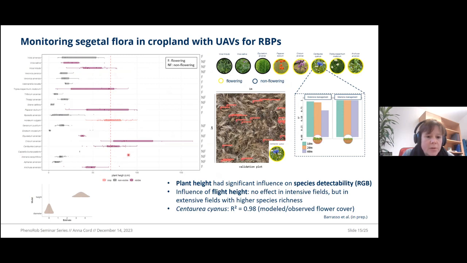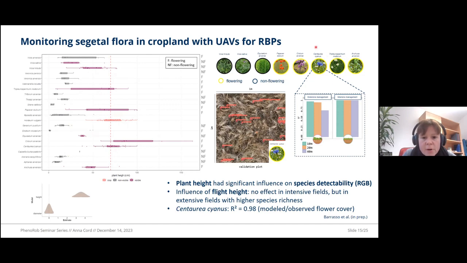What you see here is the field-measured plant heights, where these purple bars are the species that we are able to label on the acquired images. This is the height of barley at the time of acquisition. And obviously, it's much harder or sometimes impossible to label the small species.